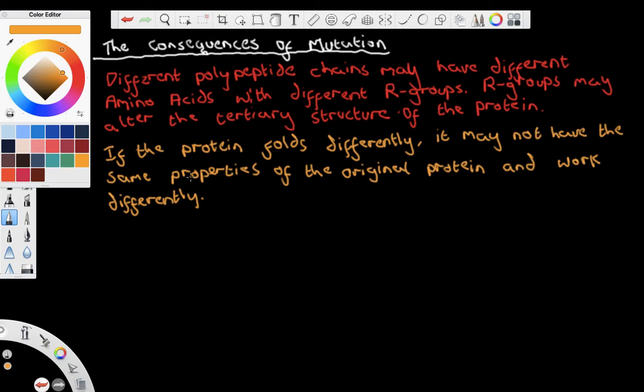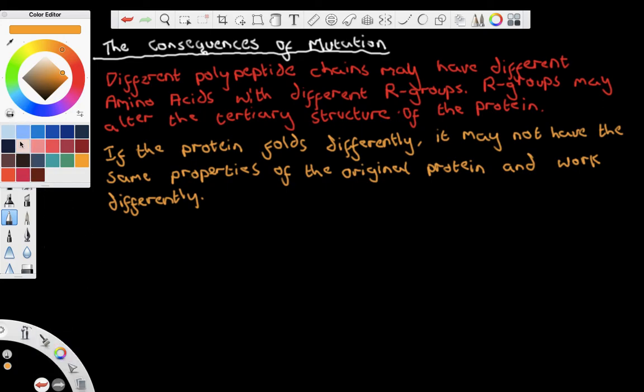Now, when these mutated cells duplicate, they pass on this mutation to their daughter cells. So if a cell has got a mutation and then it goes through mitosis, it will pass on this mutation to its daughter cells.